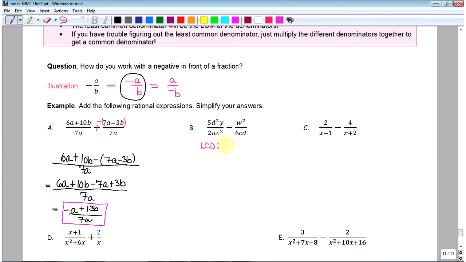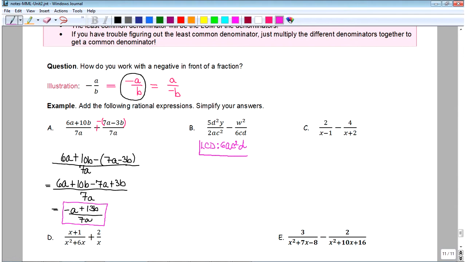So that number would be 6. Okay, I notice that I have an a in the first fraction, so I need to have an a as part of my least common denominator. I have a c squared, and I have a c. Therefore, I'm going to need a c squared as part of my least common denominator. And I have a d, so that's also going to have to appear.